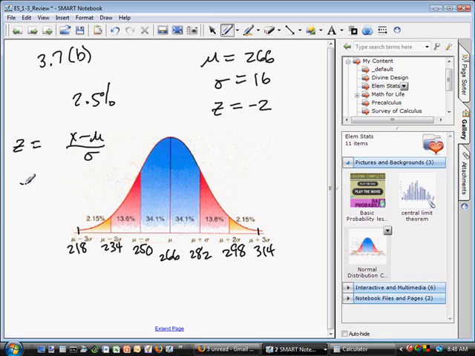Okay, we know Z. I forgot. What are they asking us? Remind me. Just ask the question one more time. How short are the shortest 2.5%? So you're looking for the score. And that's 266, and this is 16. Okay. So you need to solve for x. So you would multiply both sides by 16.